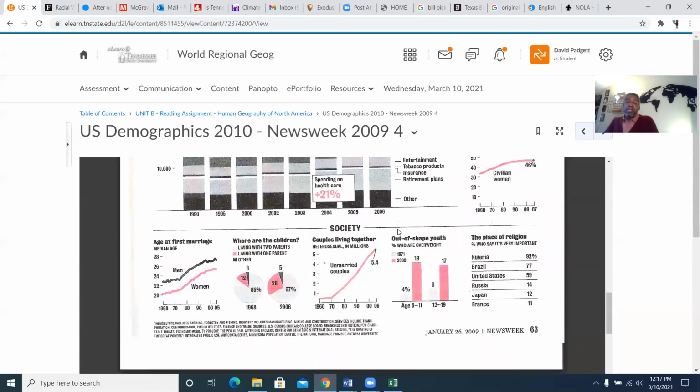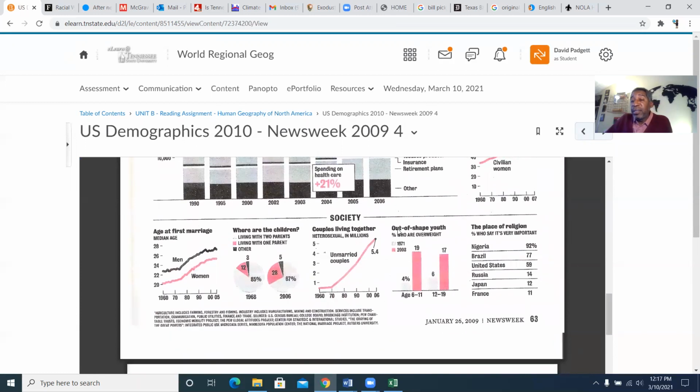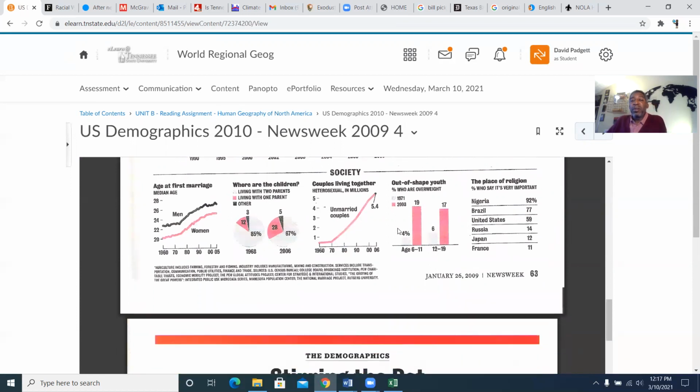There's a lot of interesting numbers in here that you might want to look at, some trends that we might want to look at. Here's marriage. Notice in 1960, the average person was very young: 23-year-old for men, 20-year-old for women, for the first marriage. And now that's approaching 30.